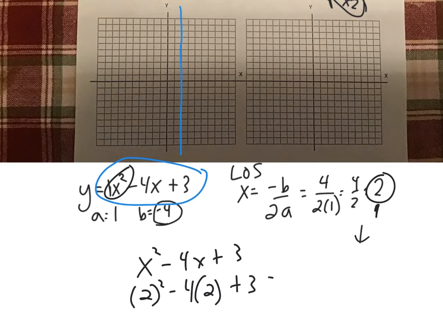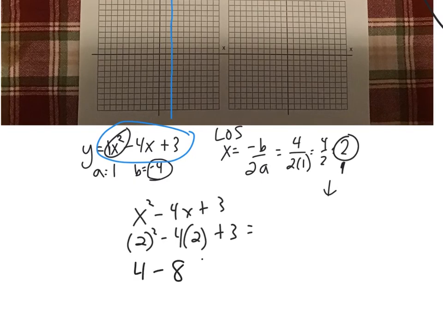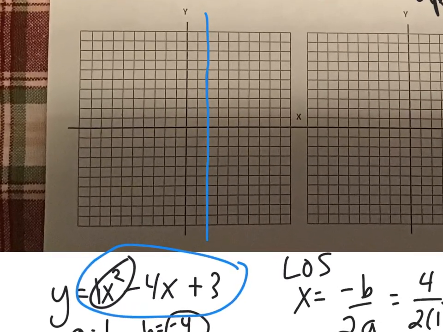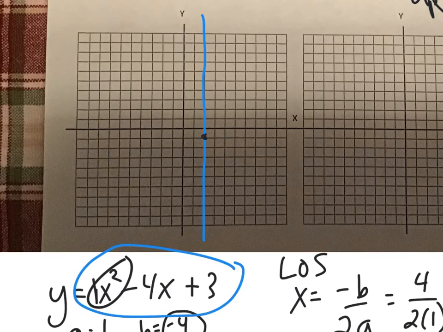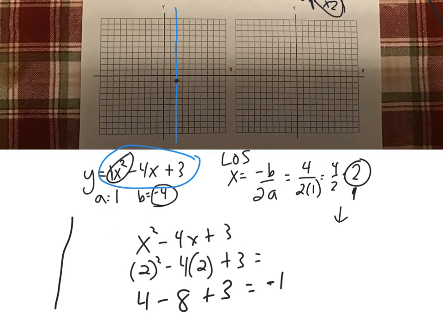So let's see, this is 4 minus 8 plus 3. So what is that? Negative 1? 4 minus 8 would be negative 4 plus 3 is negative 1. That's right. So on my graph over here, negative 1 is right there. And that's my vertex, 2, negative 1.